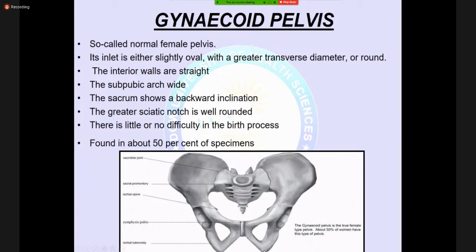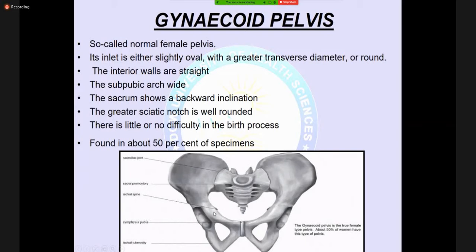If you notice the subpubic arch, it is found to be of a much wider angle. The sacrum is thrown backwards with a much shallower coccyx angle.